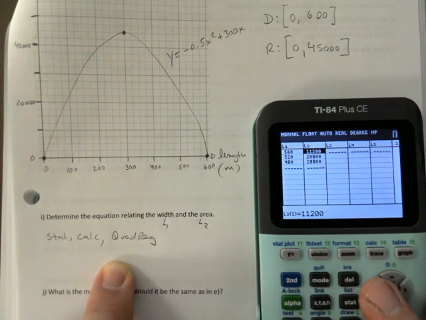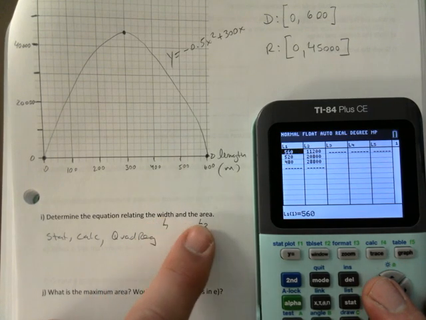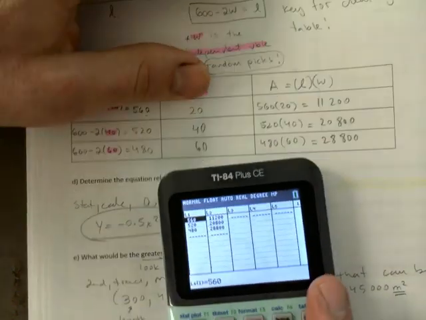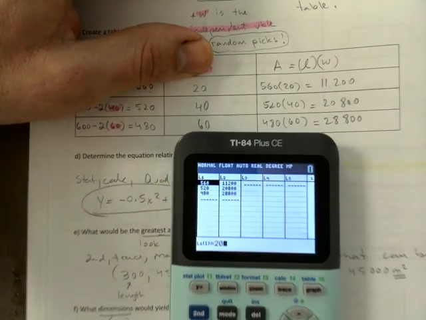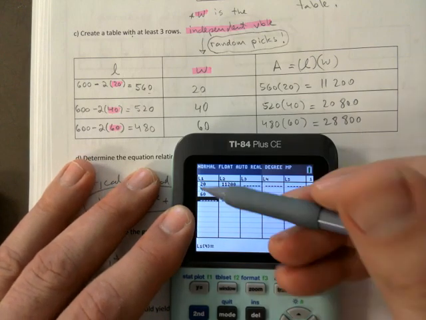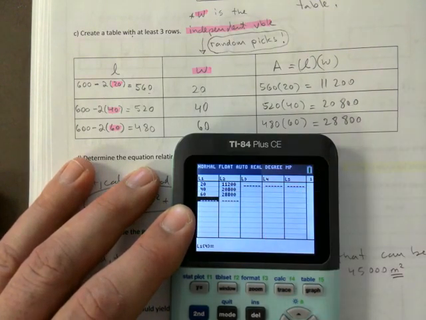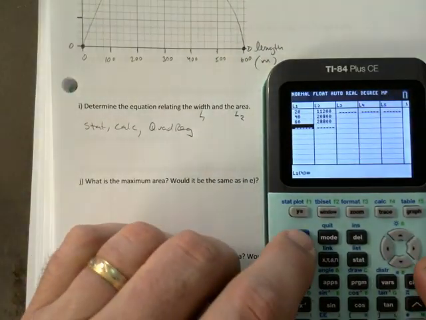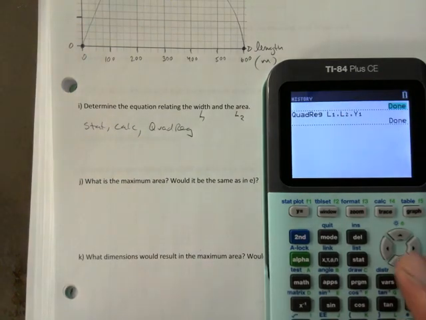I feel like if I don't, it's gonna bite me later on. So we're gonna do width and area. I gotta go back for a bit here. I'm not gonna change the areas. I'm just now gonna type in the width for L1. Right, 20, 40, 60. Go back to that page. And I'm going to go to my main screen and just copy paste.